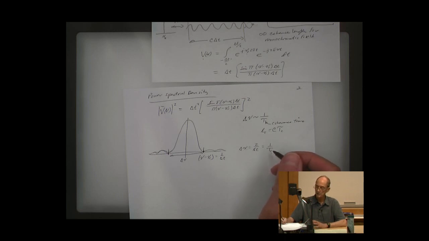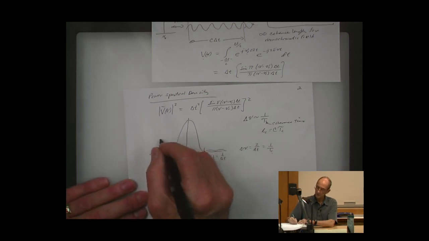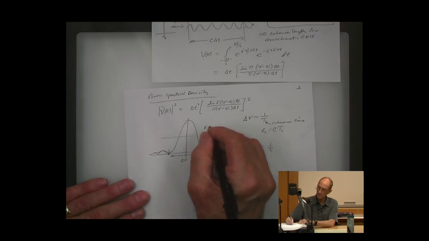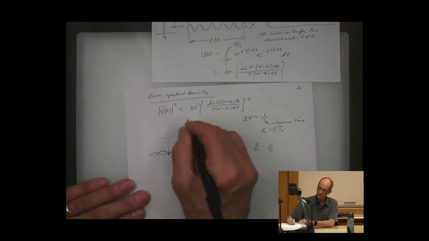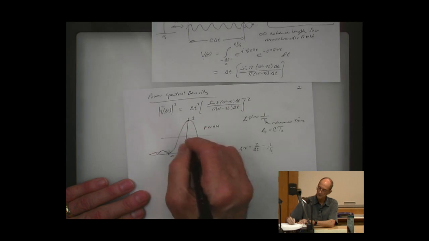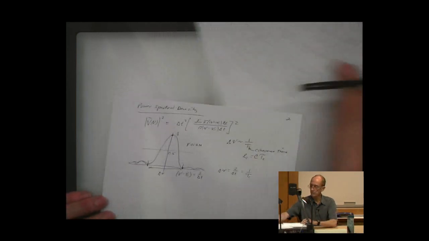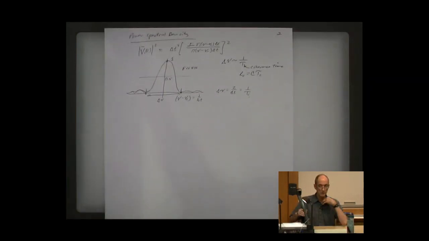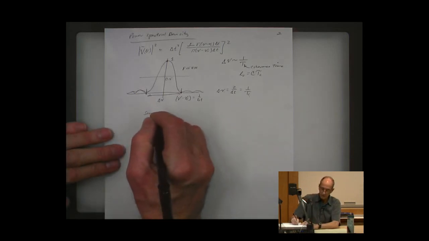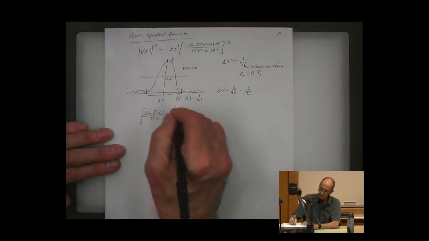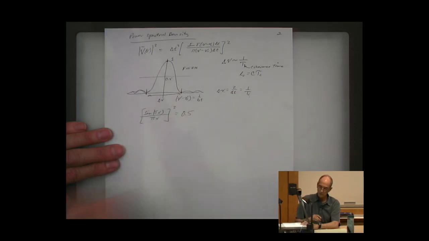It turns out that a better measure for the spectral width is the full width half maximum. If this is normalized so that the peak would be 1, then this has a value of 0.5. If we were to obtain that value, which I think I asked you to do in homework 4 on one of the problems, we would take sine of pi x over pi x, squared, and set that equal to 0.5.